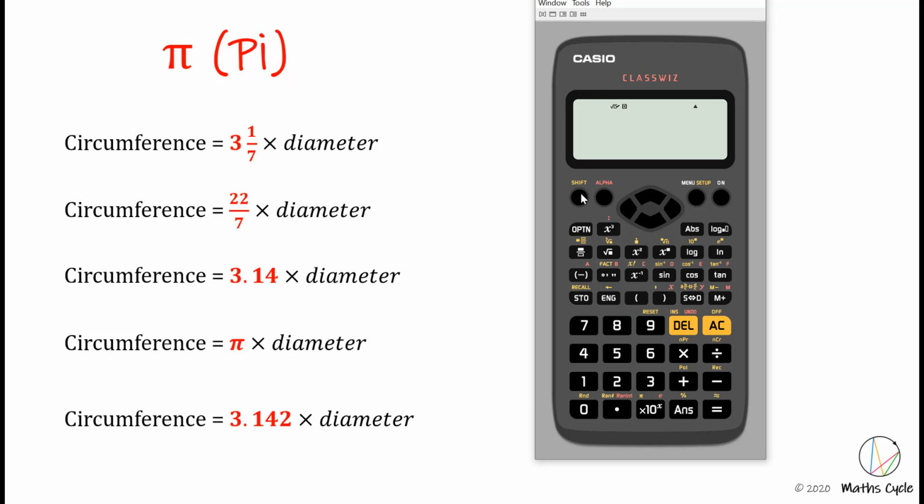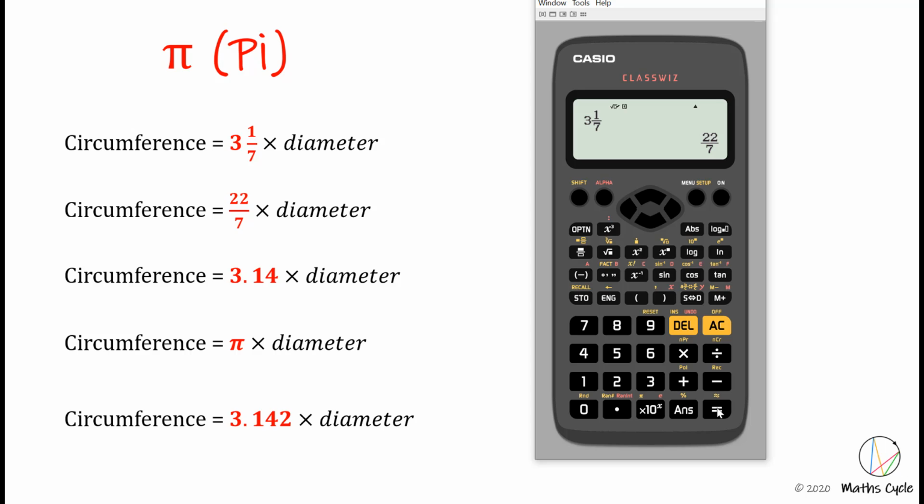So you just press Shift and your fraction button, and it gives you the option of putting the whole number in with the fraction. So we're going to put the 3 in, use your arrow to come over into the numerator, and 1/7. Use your arrow to come down into the denominator and type in your 7. Use your arrow to come out of the fraction, okay? And then when you press equals, it gives you the top heavy version of that number.